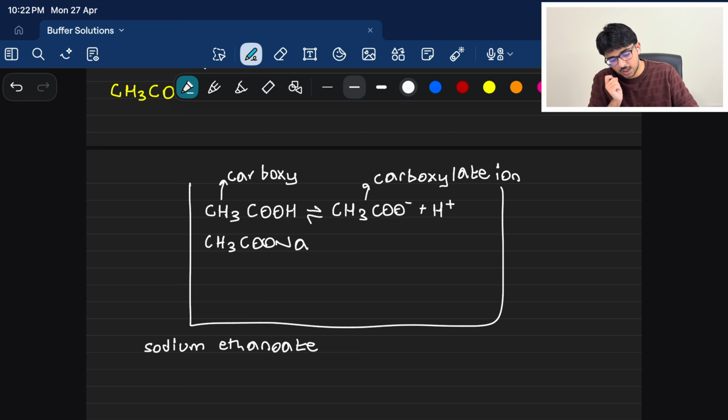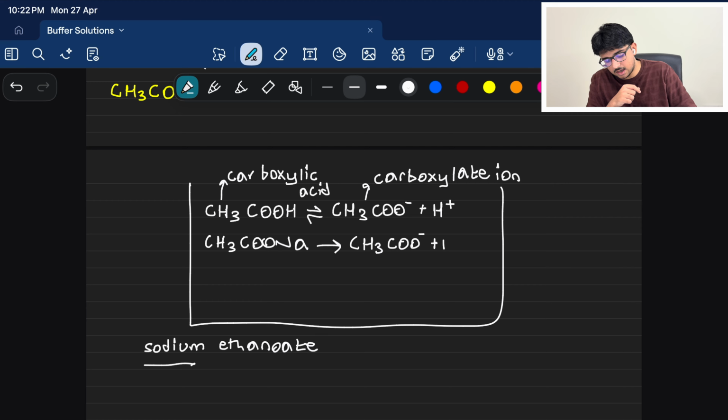So whenever you have to name a salt of the acid, it's metal and then carboxylate, ATE at the end, not acid at the end. So it's not sodium ethanoic acid, it's sodium ethanoate, potassium ethanoate, calcium ethanoate. So only a forward arrow, and you get CH3COO minus, which is ethanoate ions, and Na plus ion.